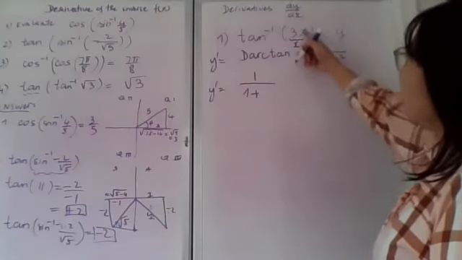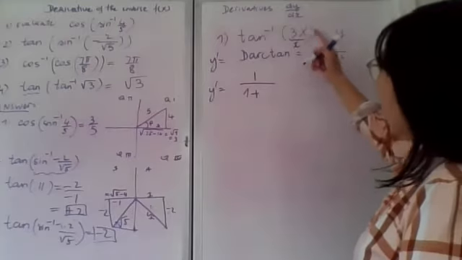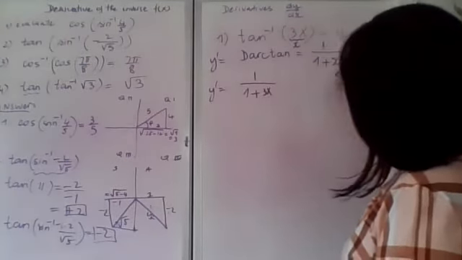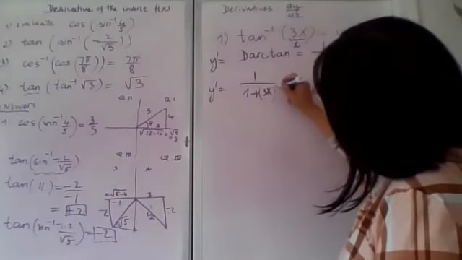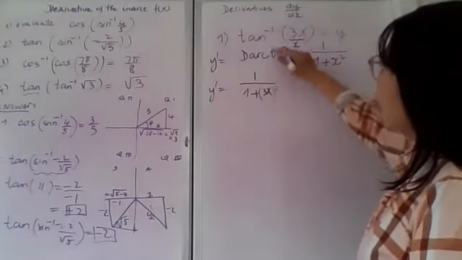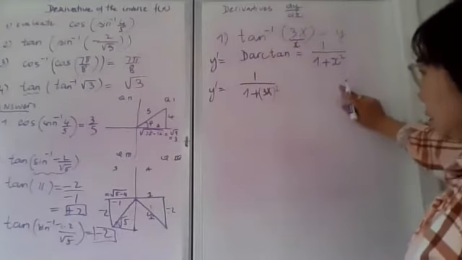Angle x. And our angle here is 3x, not 1x, but 3x. Following the formula, the 3x has to be squared. So this is how we take the derivative of the inverse tan function.